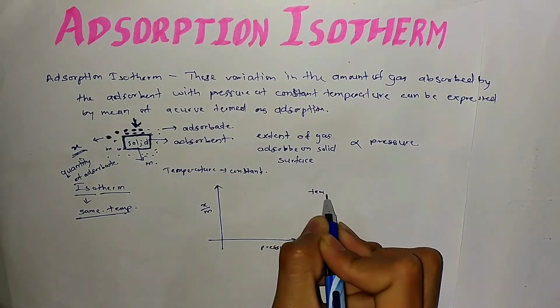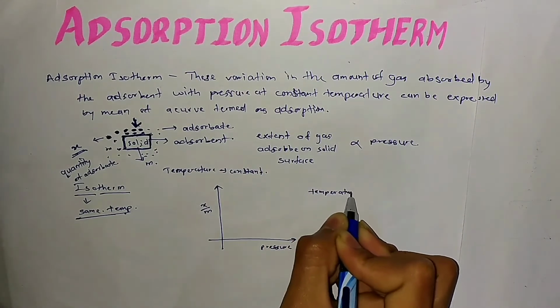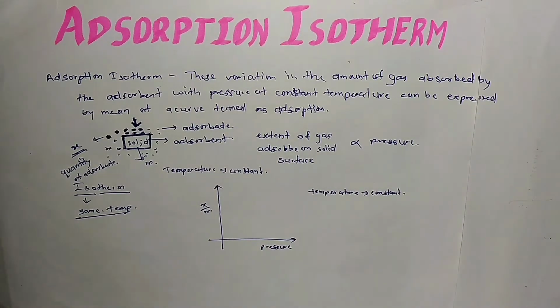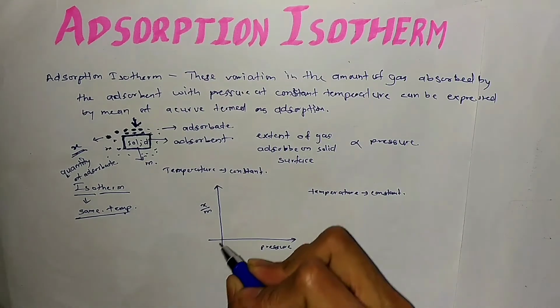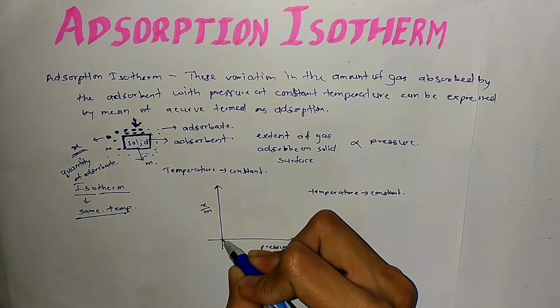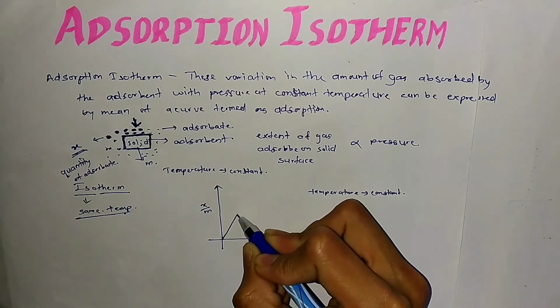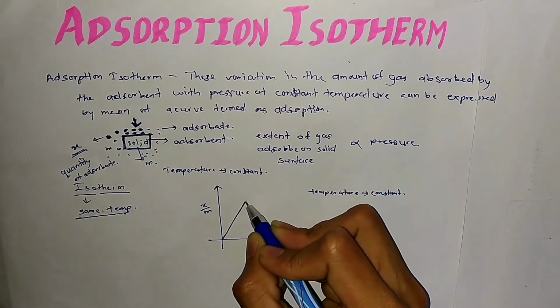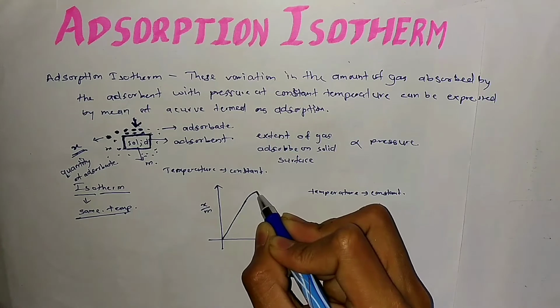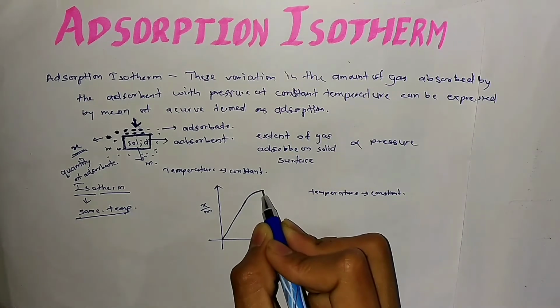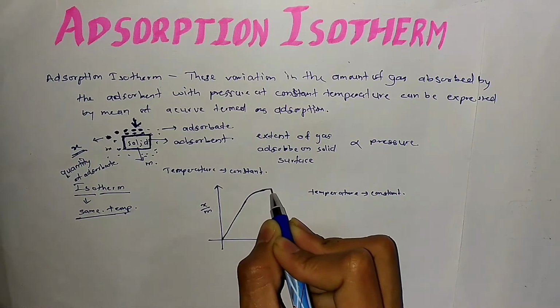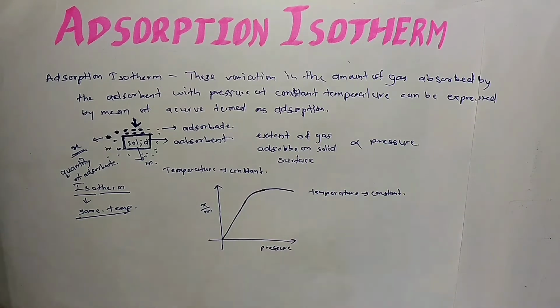Temperature is constant. When we put pressure, initially we see it rising linearly, but when we put some more pressure the graph will look like this, and when we put higher pressures, the graph will be like this.